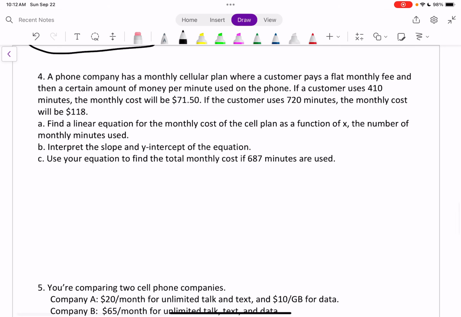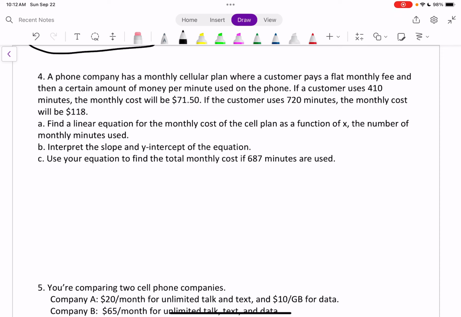And here are just a few more. It says a phone company has a monthly cellular plan where a customer pays a flat monthly fee and then a certain amount of money per minute used on the phone. If a customer uses 410 minutes, the cost is $71.50.